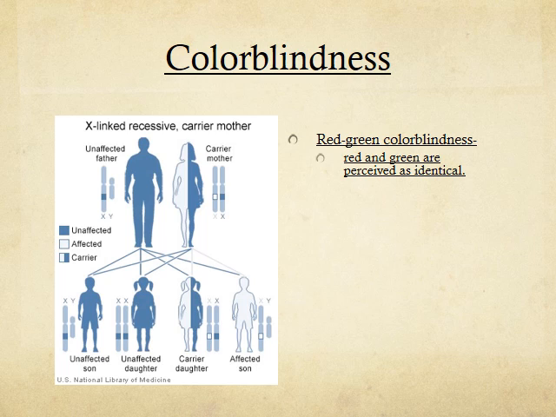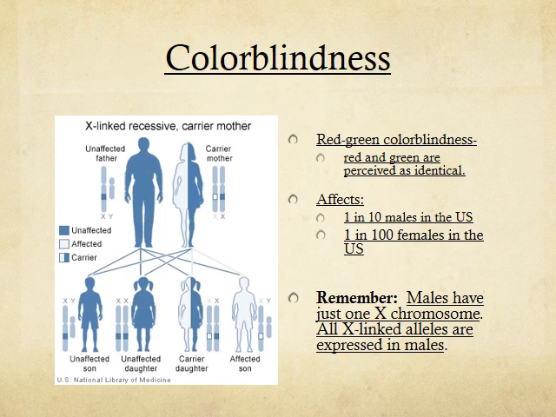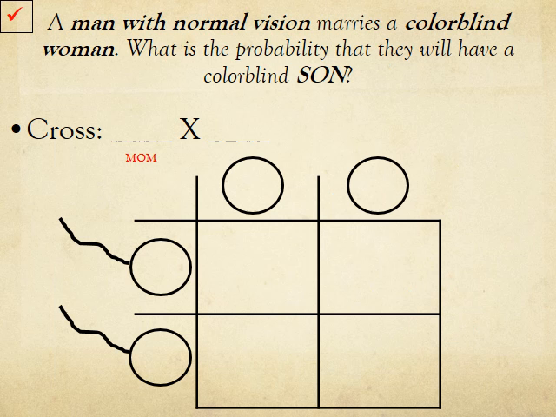We've got red-green colorblindness, where red and green are perceived as identical, and colorblindness primarily affects 1 in every 10 males in the US and 1 in every 100 females in the US. Now just remember, males only have one X chromosome, so all X-linked alleles are expressed in males, meaning they either have it or they don't. There's no option for being a carrier if you're a male.